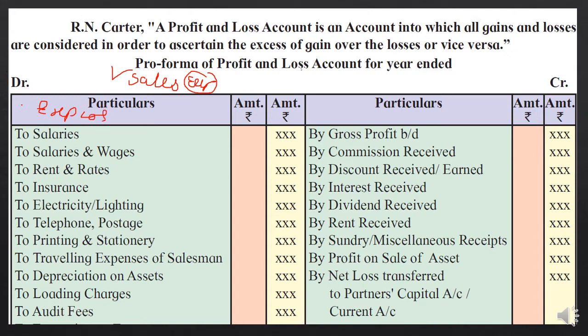Okay, so sales and office. So whenever you think about the P&L account, you will remember these words: sales related expenses and losses, sales related income, excluding sales, all other selling income, commission, discount, interest, that all will come on the P&L account.